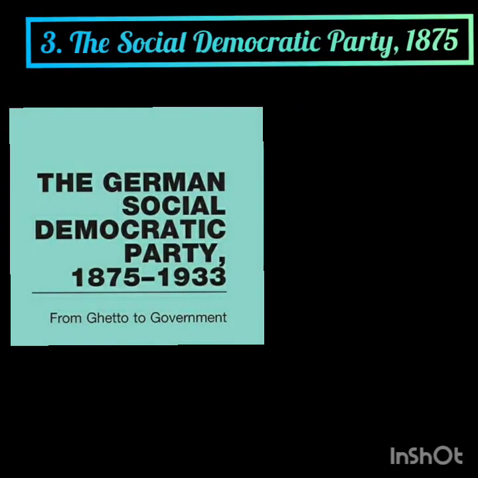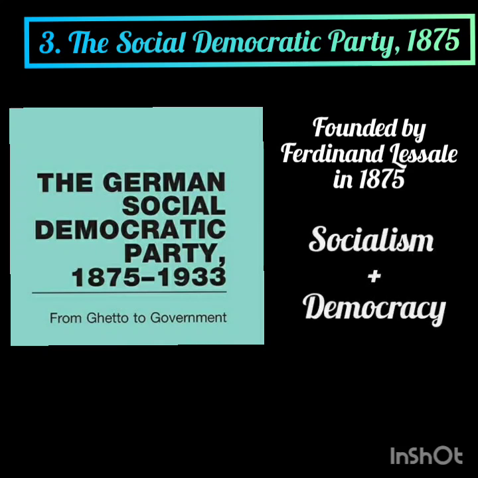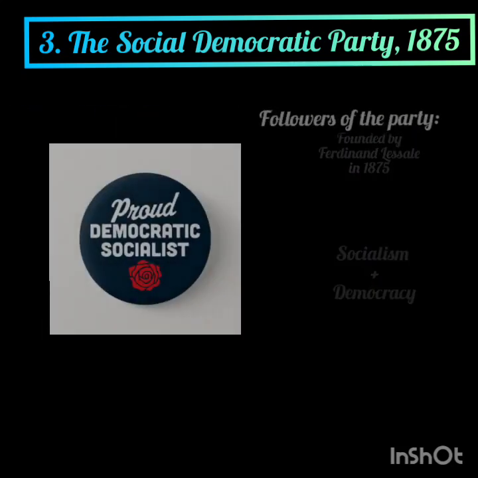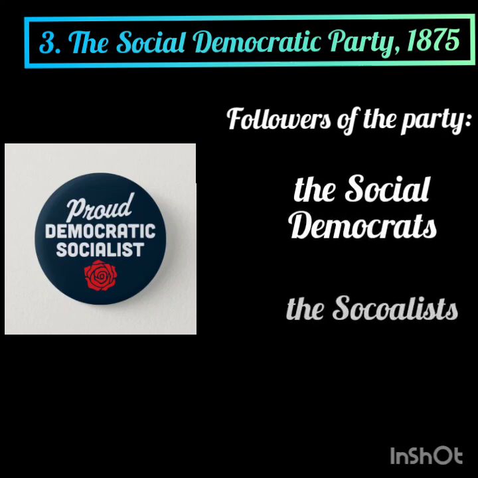Now, let's see the establishment of the Social Democratic Party. Ferdinand Lassalle founded the Social Democratic Party in 1875 in Germany based on the synthesis of socialism and democracy. The followers of the party came to be known as Social Democrats or Socialists.